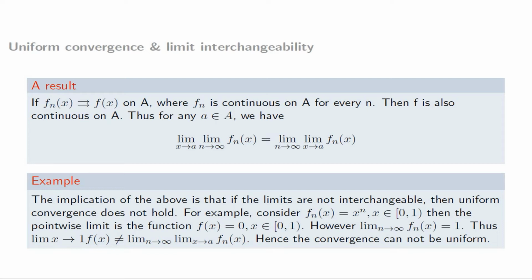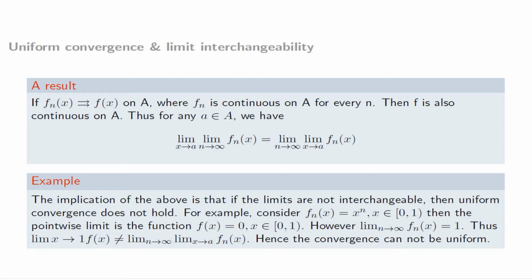For example, consider f_n(x) as x to the power n, x ranging from 0 to 1, where the point 0 is included. Then the pointwise limit of the sequence of functions is simply f(x), which is 0 for every x belonging to [0,1). However, limit of f_n(x) equals 1 when x equals 1.